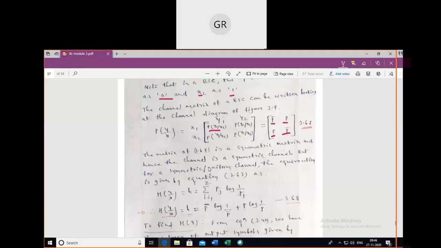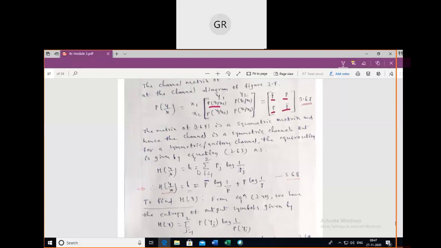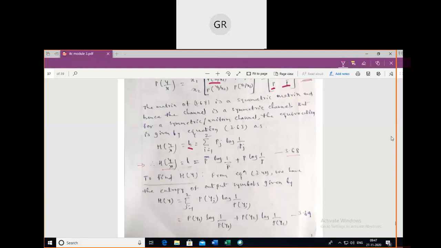For a symmetric uniform channel, the equivocation is given by H of y divided by x is equal to h. So we already put this one. Here we know that H of y divided by x is equal to h, that is the sum from j equal to 1 to 2 of pj log of 1 divided by pj.